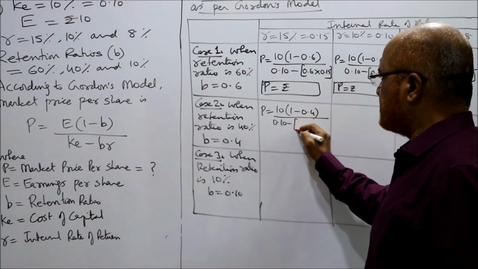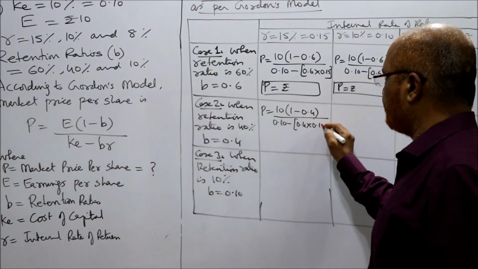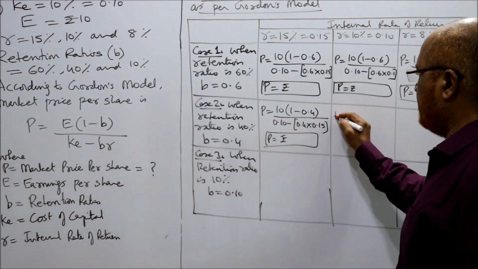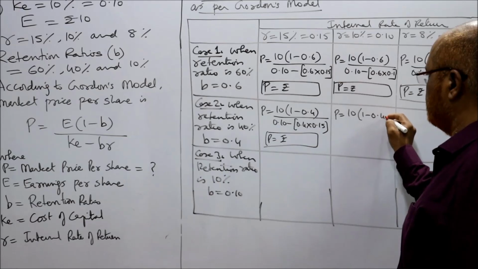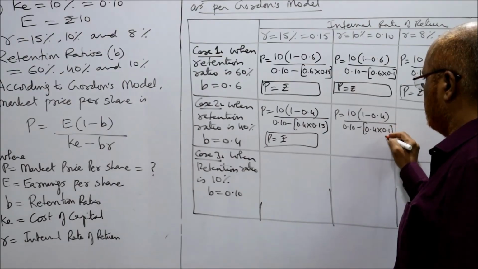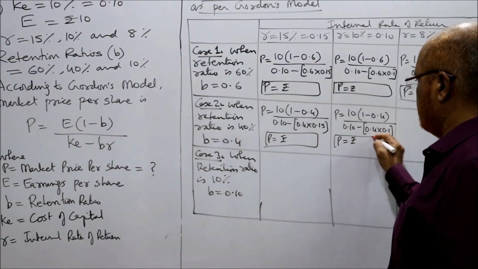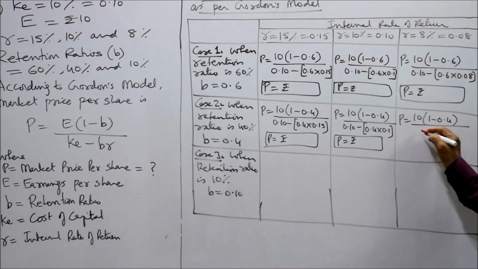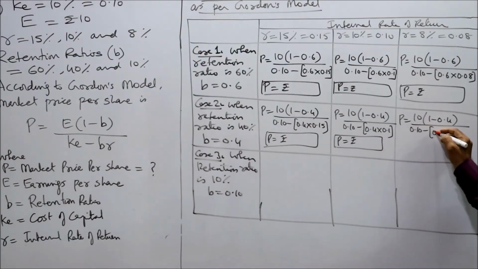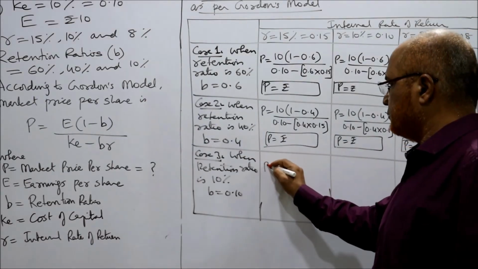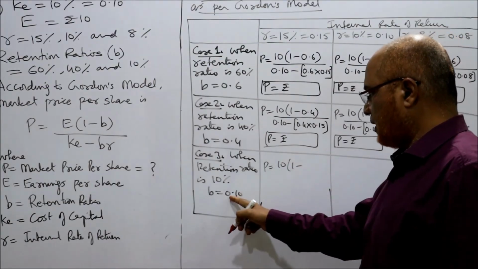KE minus B into R. Similarly, here B is 0.1.